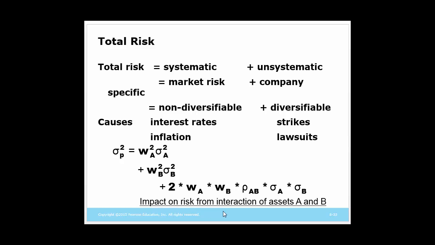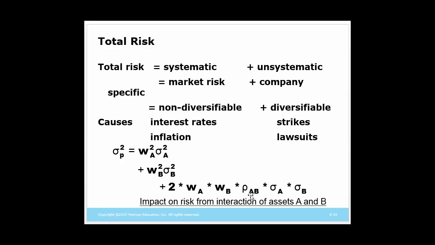And then there's an impact from the interaction of assets. Again, if you take the square root of all these, each one of these should be a positive number in this formula. The only one that could be different from a positive number is correlation. That's this, rho AB, the correlation between assets A and B.